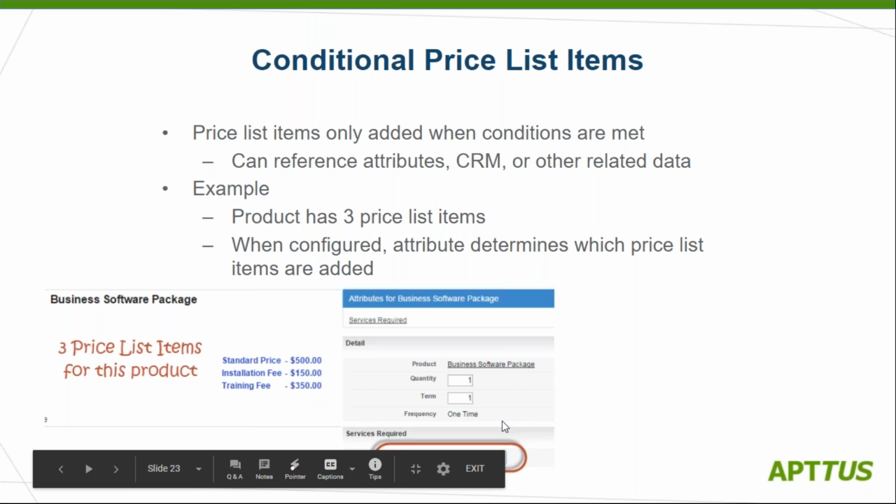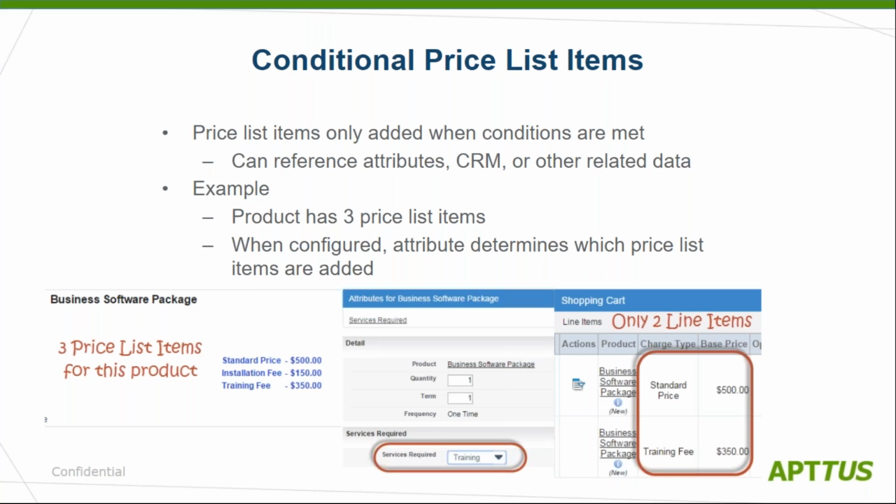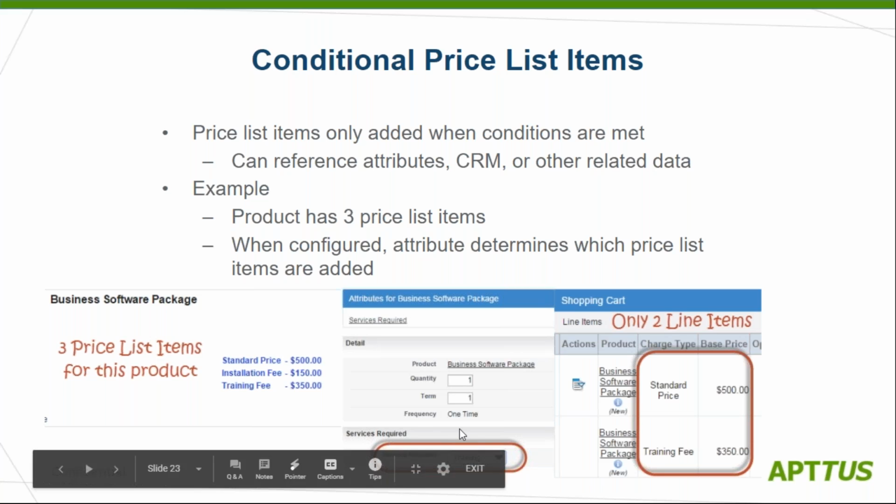And if he's selecting the installation, then the installation fee should be applicable. Based on the value he's selecting on the catalog page, he will be accordingly charged for that product.